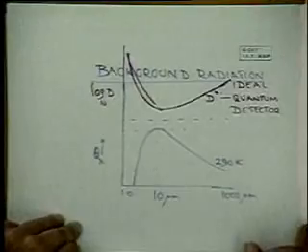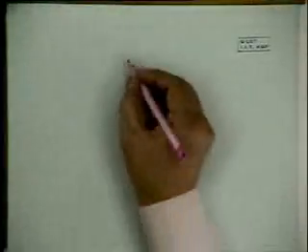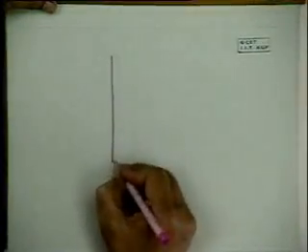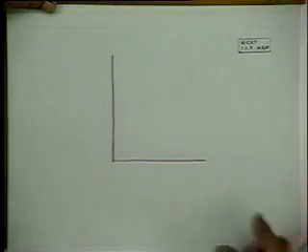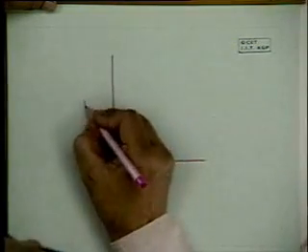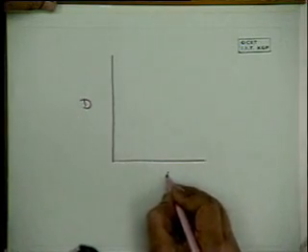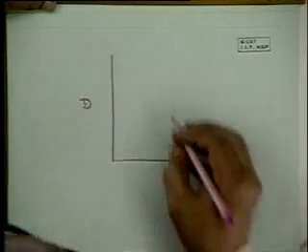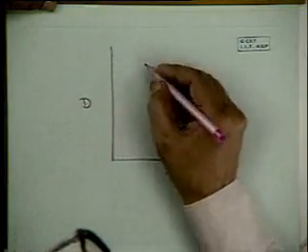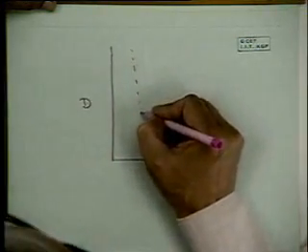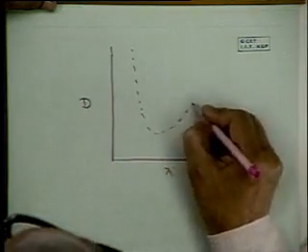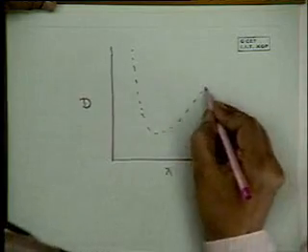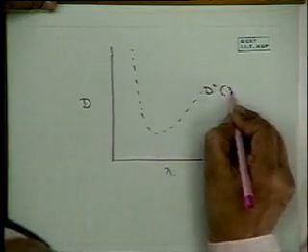That's why when you plot the detectivities of available detectors, one always has a plot of this type, and it has the ideal detectivities. This is D star at 300K.